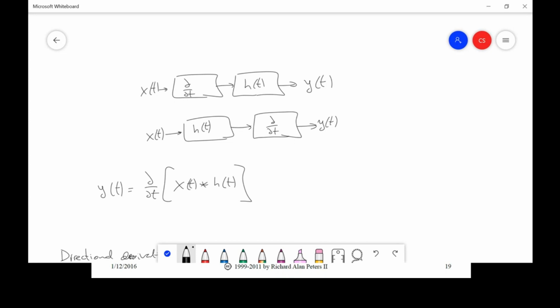But then that means that that is equal to what? Let us write y in blue. Then you compute the derivative, and then that output you convolve with x.